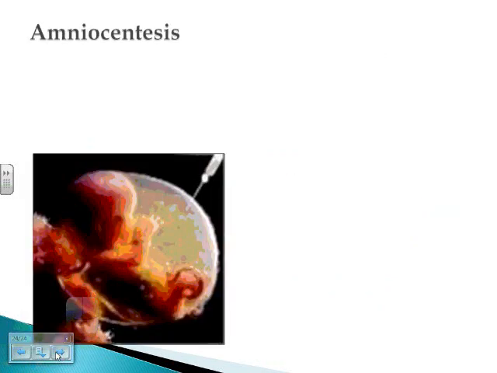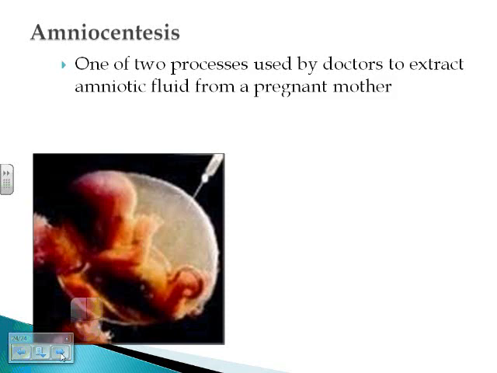The way that you get the information for a karyotype is a process called amniocentesis. Amniocentesis is a way that the doctor is going to extract amniotic fluid. That's the fluid that the baby is floating in. If you look at our picture right here, we've got a big needle poking into the amniotic sac where the baby is. That method is going to extract some fluid where the baby has been floating. Fluid typically has some of the cells from the baby that have rubbed off.